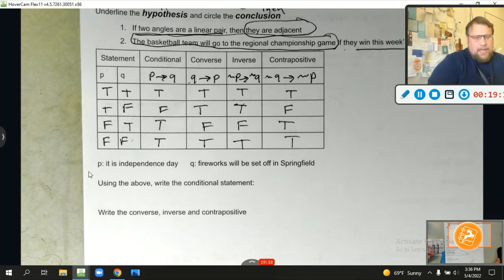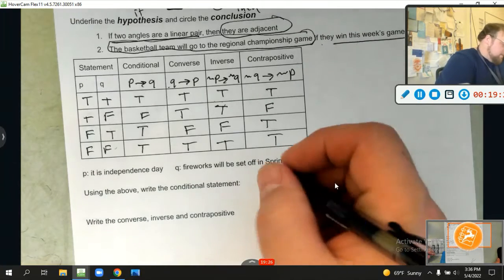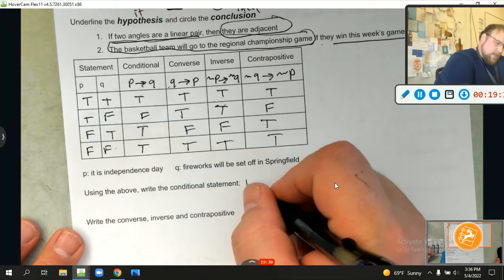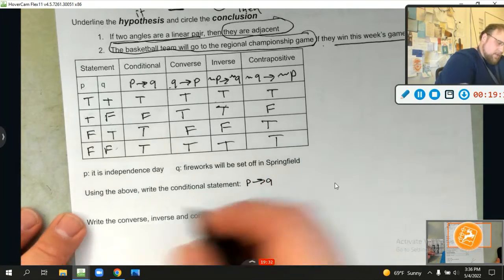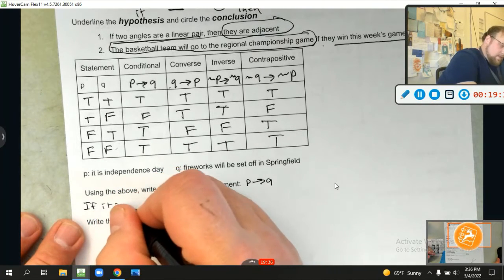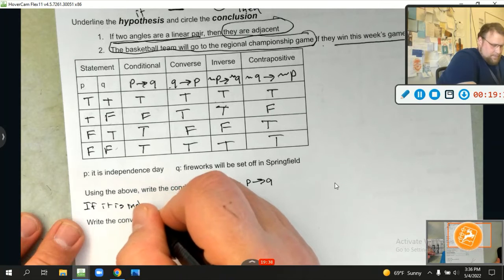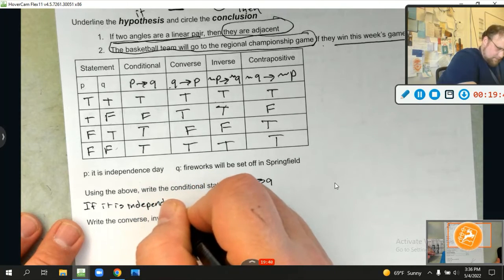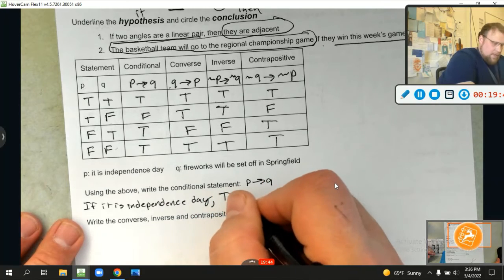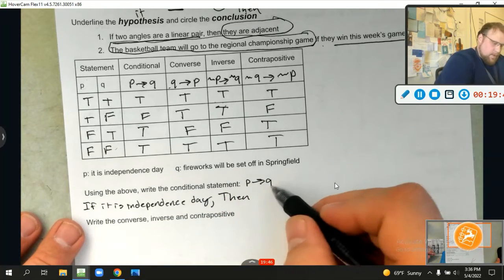It is Independence Day is our first statement. And our Q statement is fireworks will be set off in Springfield. Using the above, we want to write a conditional statement. So, if P, then Q, right? So, for our conditional statement, it is if P, then Q. So let's write that down. If it is Independence Day, then, what's our Q?